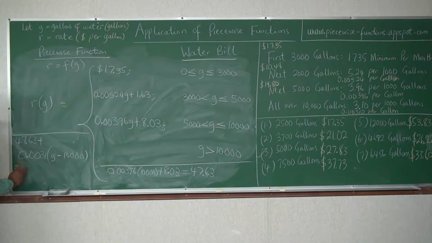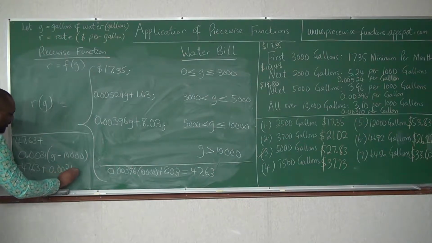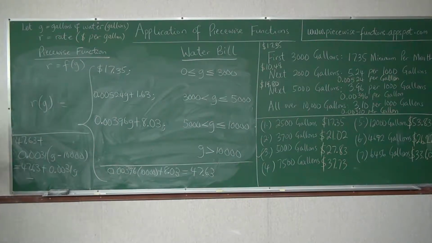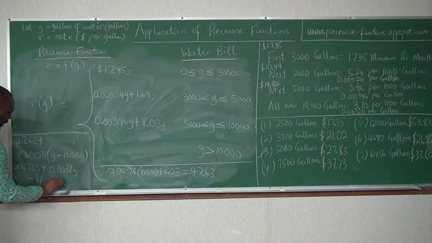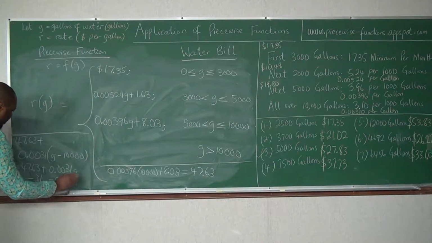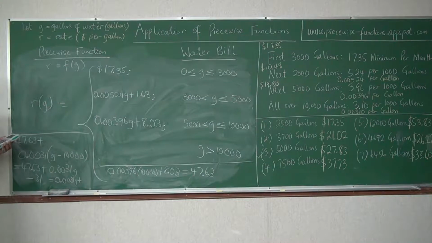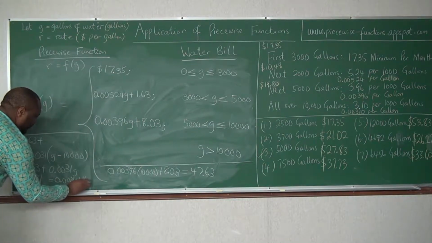And that will give us 47.63 plus 0.0031 G minus 0.0031 times 10,000, which is 31. So that will give us 0.0031 G plus 16.63.